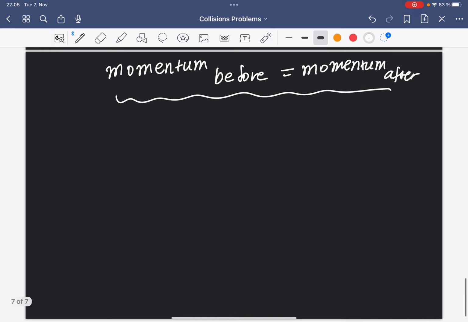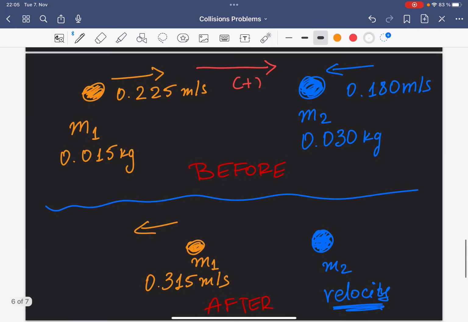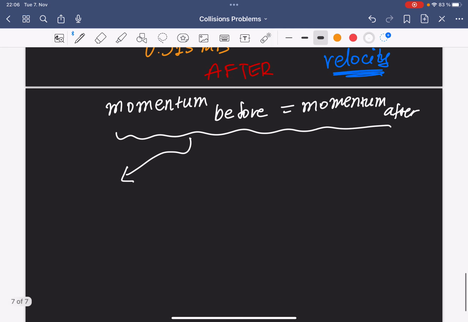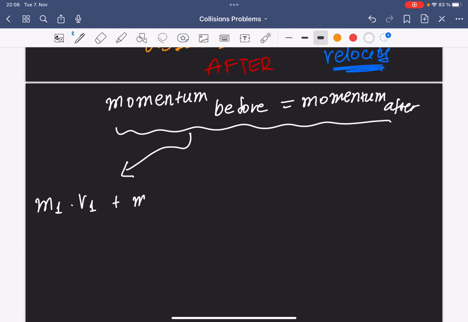Now, let's look at what we have before. Before, we have M1 moving at V1, and we have plus M2 times V2.